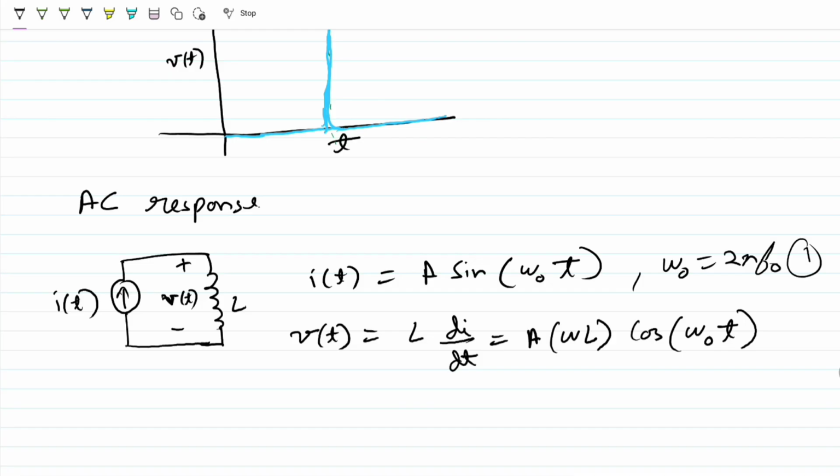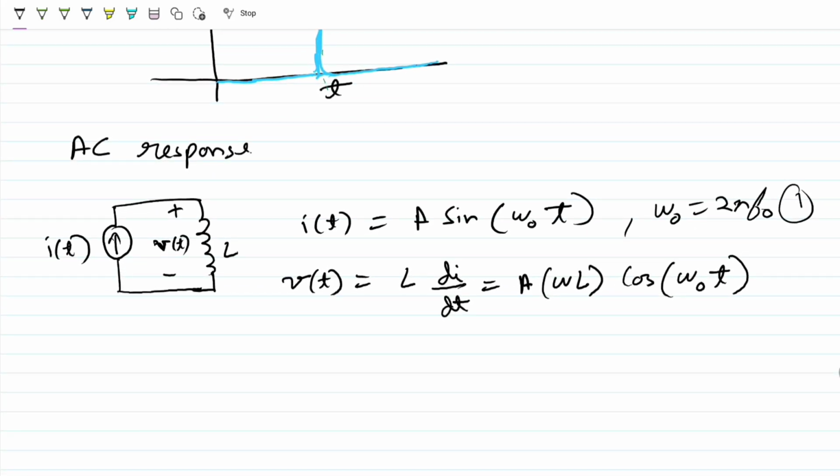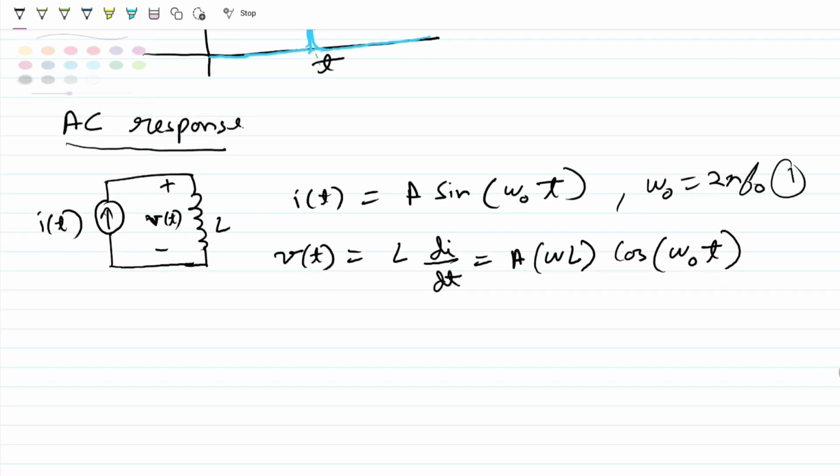Now we look at how it behaves to a sinusoidal signal, or an AC response. In this case, the current is again forced through an inductor, but the current profile is given by A into sine of omega naught t, where omega naught is 2 pi f naught. This is basically a sinusoidal signal which has a time period t naught equal to 1 by f naught.